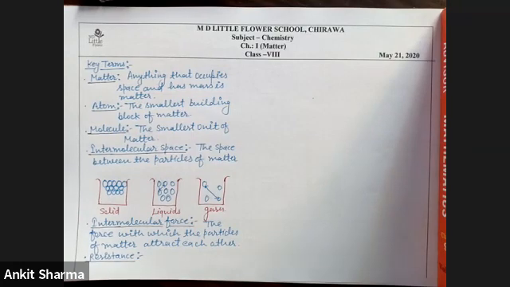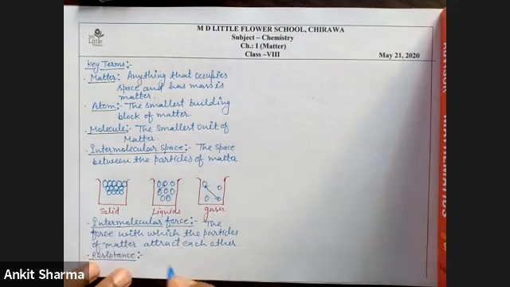What is the resistance? Trying to stop something from happening or doing something. कोई किसी चीज को होने से रोकता है, that thing is resistance. That resistance can have a different meaning in different places. So what is resistance?